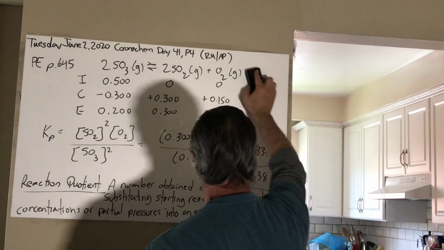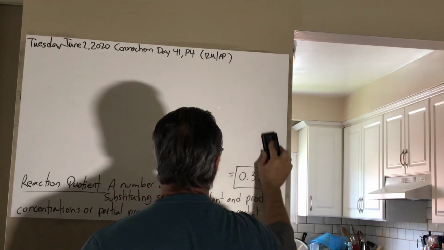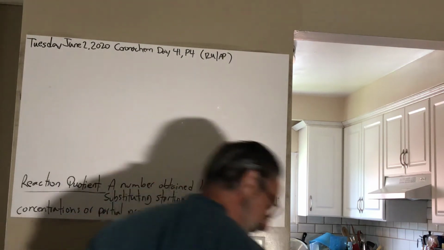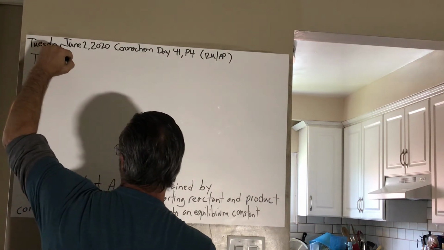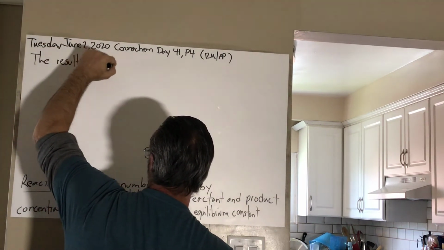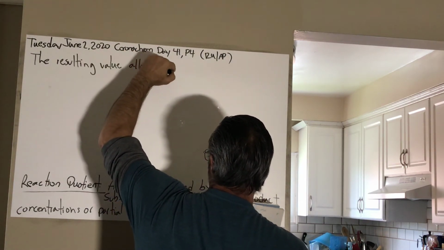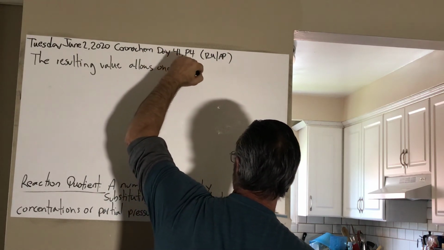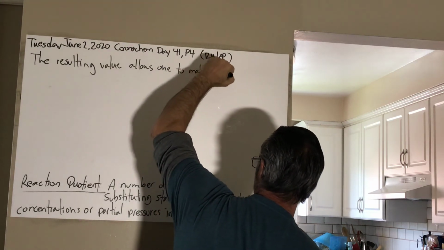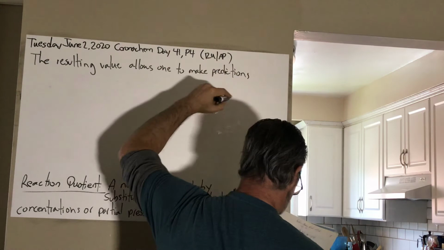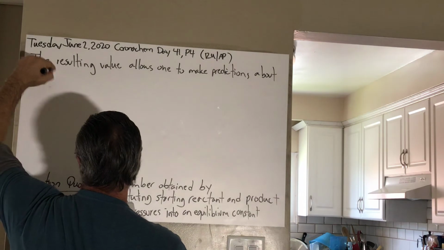Continue at the top. So I'm looping back over here. Pretend I'm going to a second board. The resulting value allows one to make predictions about how the reaction will proceed.